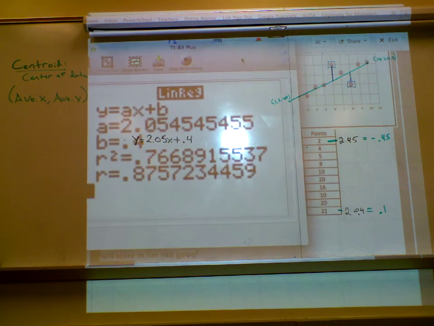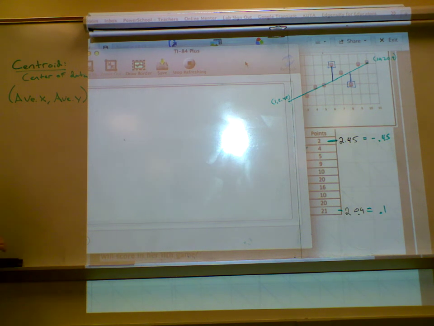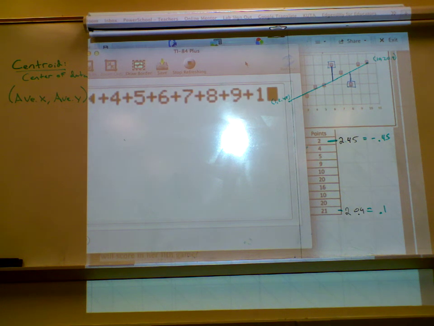So let's find them real quick. Our x's were 1 plus 2 plus 3 plus 4 plus 5 plus 6 plus 7 plus 8 plus 9 plus 10. I forgot a plus sign back here.